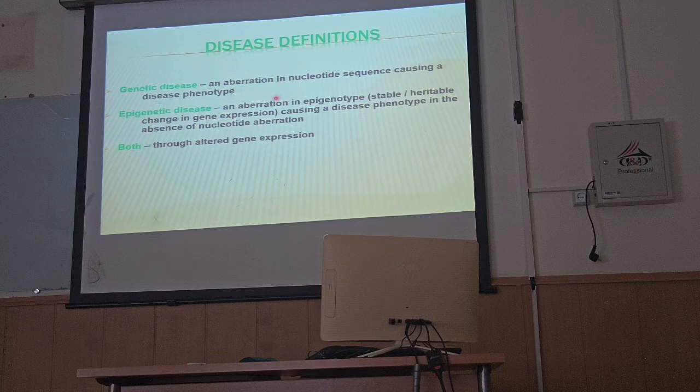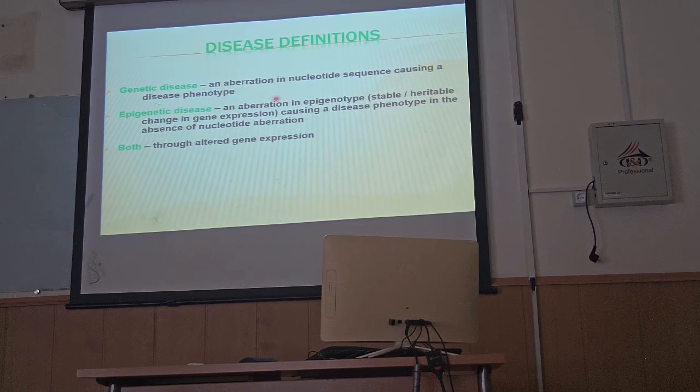We can divide the disorders into genetic disease, which are the disorders that happen because of changes in a single gene, changes in the chromosomes, or changes in several genes, or gene and environment. We also can have epigenetic diseases. Without changing the DNA sequence, the gene, or the chromosome, we will have some diseases. We call them epigenetic.